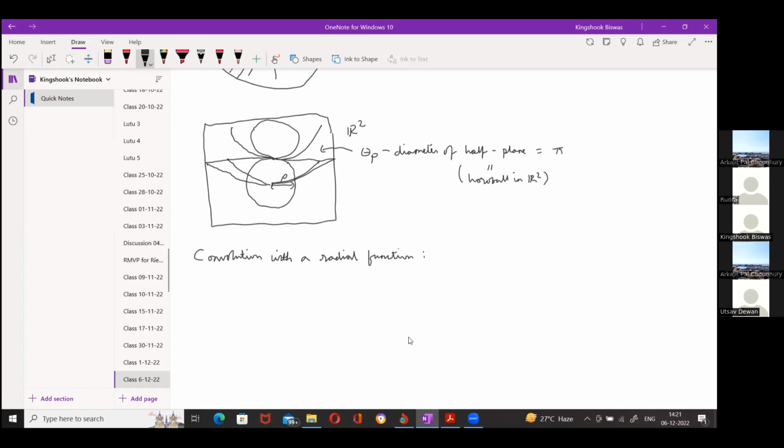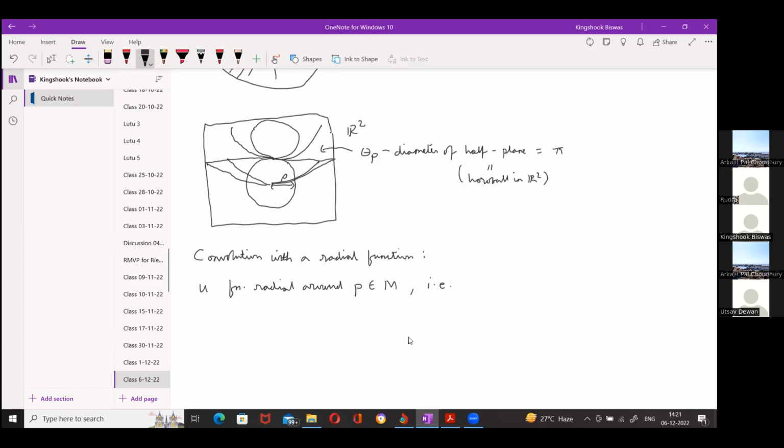What does this mean? Suppose u is a function which is radial around P in M. What does that mean?